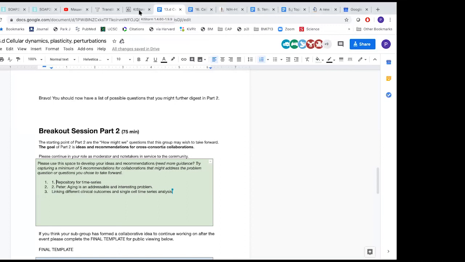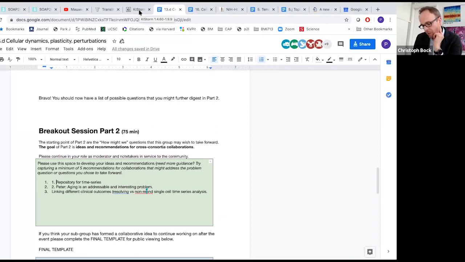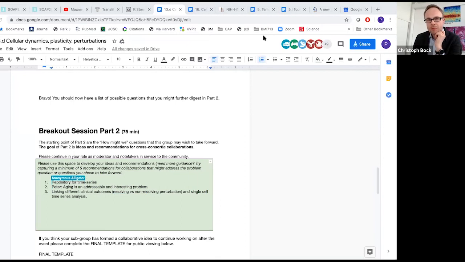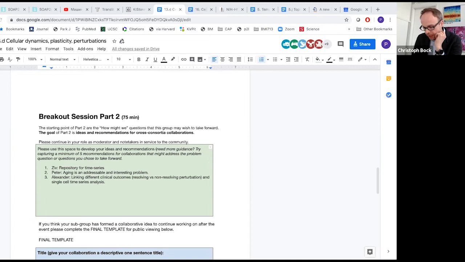And then the second topic would be aging. How can we make sure that aging is integrated as much as possible into the human cell atlas, on the one hand through metadata standards, and on the other hand through signature plus context, which would add or extract this aging component as much as possible from existing data sets.